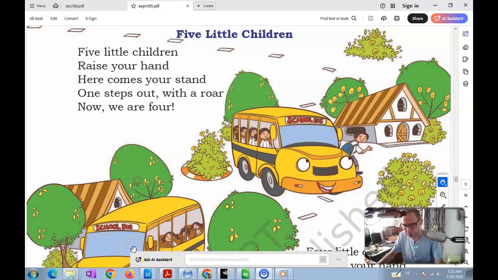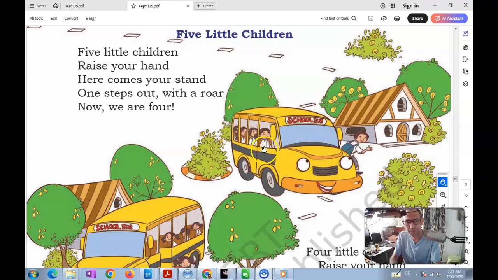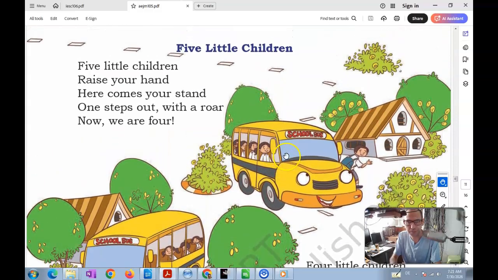Okay, so in this video we have a simple situation to talk about subtraction. This is a school bus, and there is a number of children in the bus.